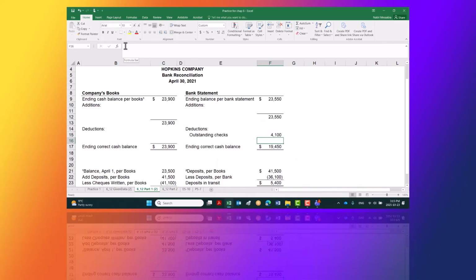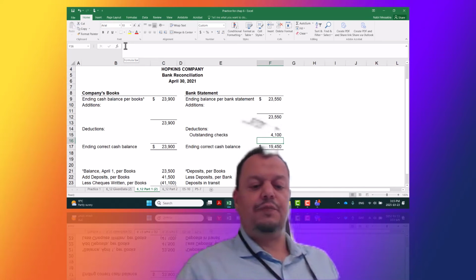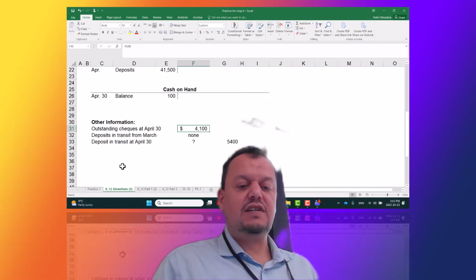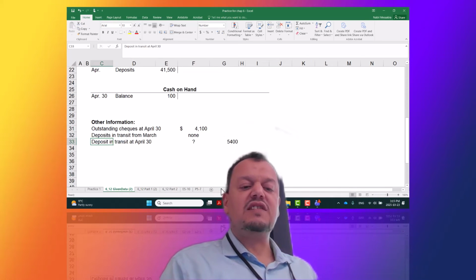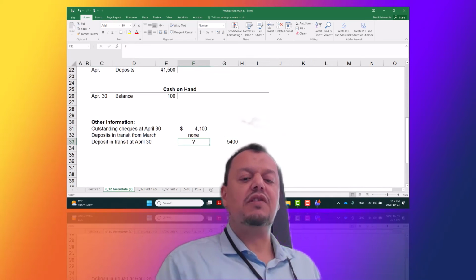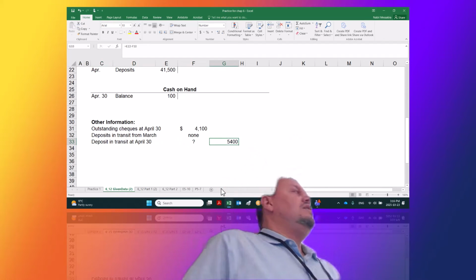Okay, so according to the bank, we have $23,000. Now that we know that there are also $4,100 of checks outstanding, the corrected balance is $19,000. Okay, we are close to the corrected balance. Now the other source of the discrepancy is the deposit in transit at April 30, $4,500.